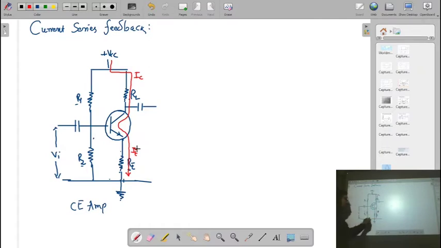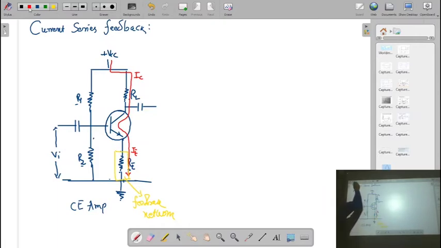This output current passes through a feedback network. So where is the feedback network? This is the feedback network. When this current passes through this resistance, it produces a voltage, a potential drop.